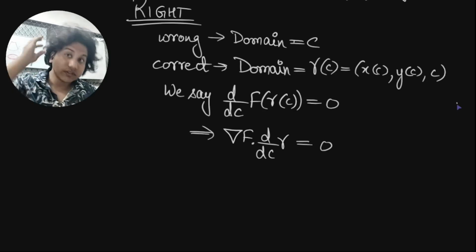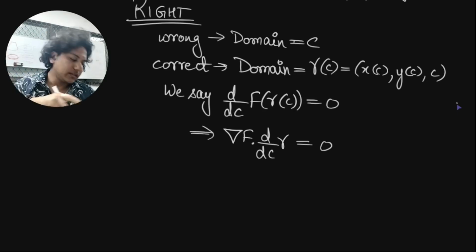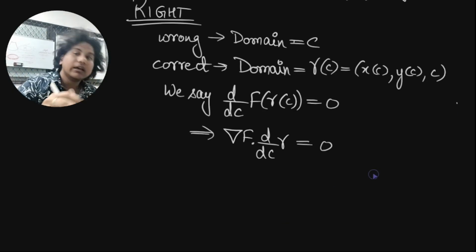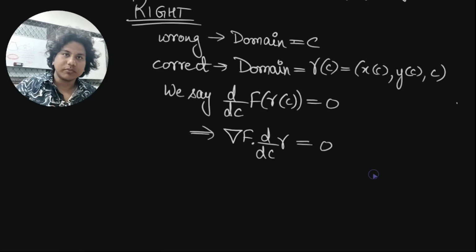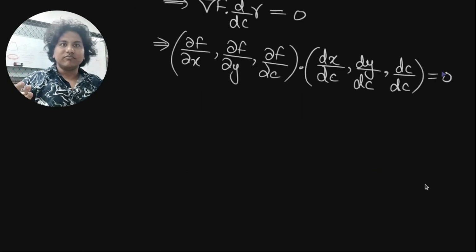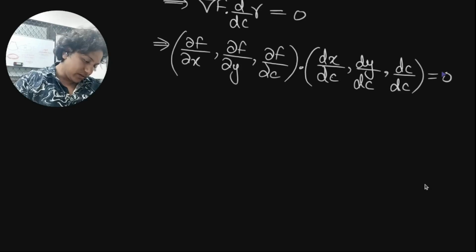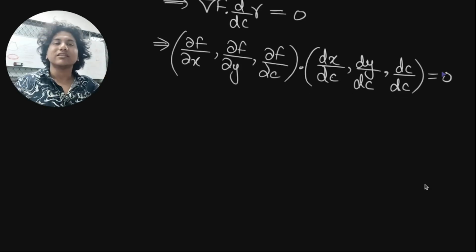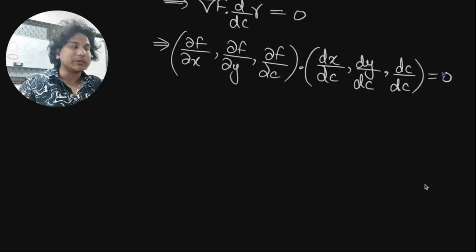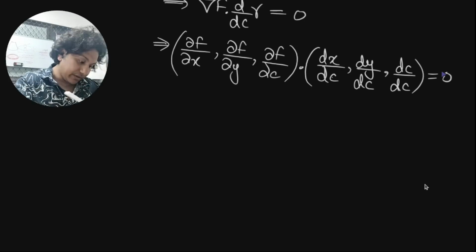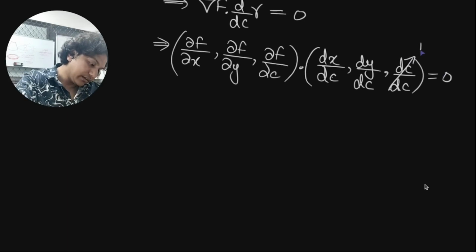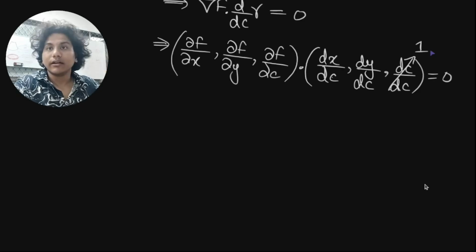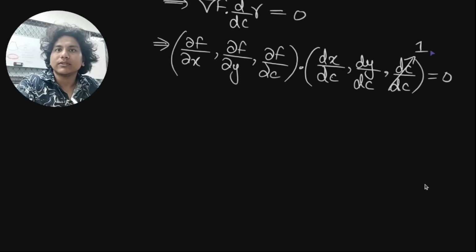And this, of course, is following simple calculus. Now, if two vectors dot to be 0, we can make the fair assumption that these vectors are normal to each other, perpendicular to each other. So basically, a dot product of perpendicular vectors is 0. And we can also observe that dc/dc is 1. The derivative of c with respect to c is 1.